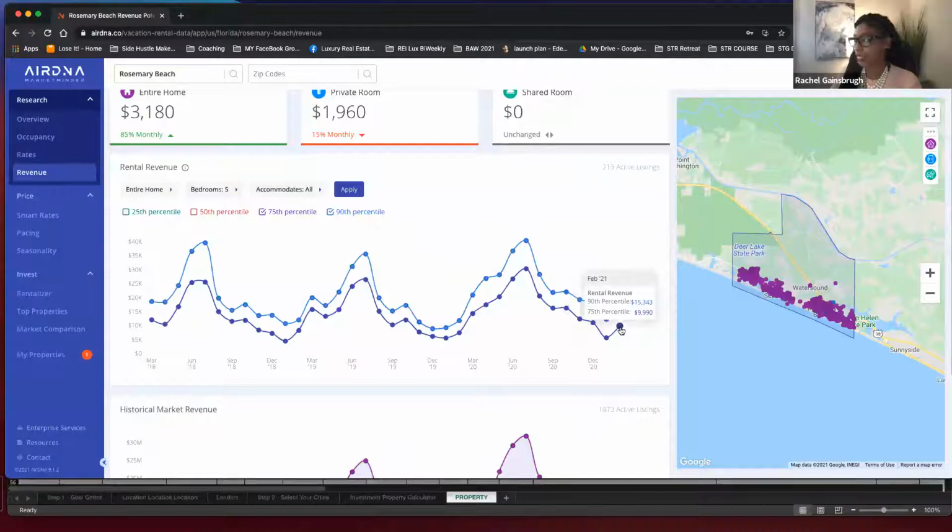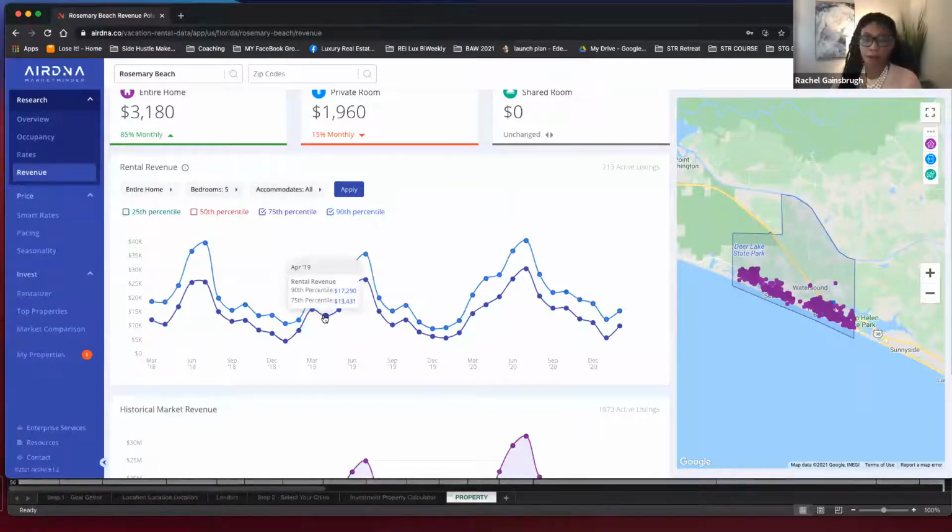January is 5K. February, so it goes back up. So what's interesting about this market, and understand the market, it peaks June, July, August, but it appears to peak again. Let's see, it goes down. I would say March, April-ish.